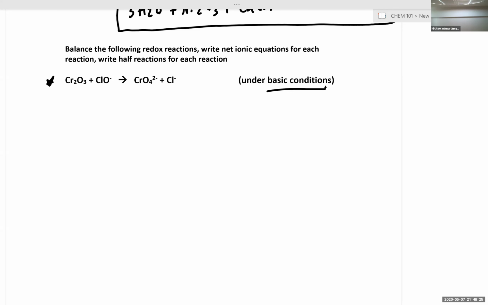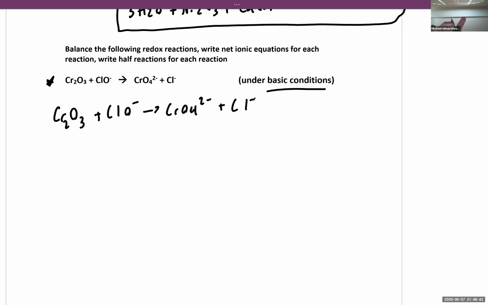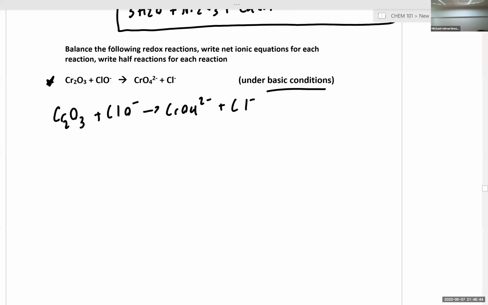Okay, so let's discuss this problem. So first I'm going to rewrite my equation. Okay, now let's assign oxidation numbers. So what is the oxidation number of chromium in chromium 3 oxide?